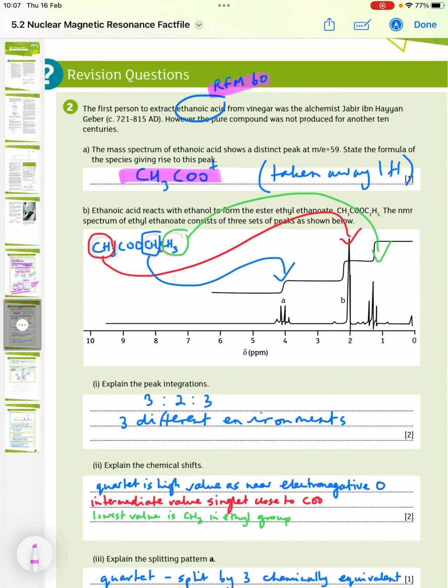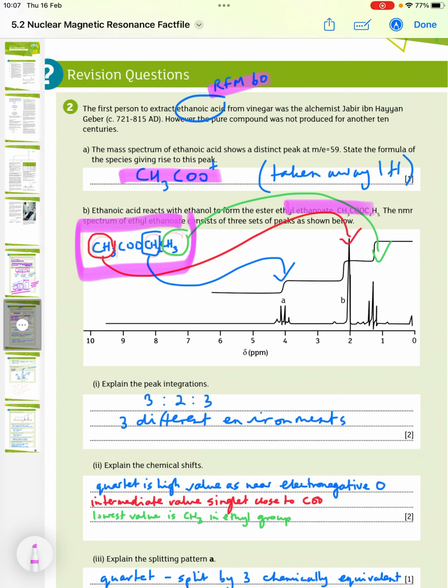Then it says it reacts with ethanol to form the ester ethyl ethanoate. The NMR spectrum consists of 3 peaks as shown. So what I've done is I've written out the structure. So instead of just CH3COOC2H5, I've got CH3 COO CH2 CH3, and that makes it easier to see where those peaks are coming from. So explain the peak integrations.